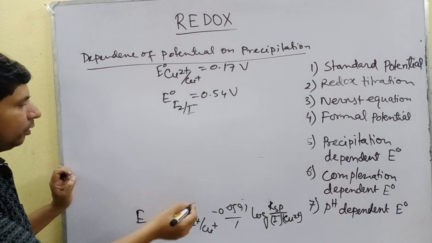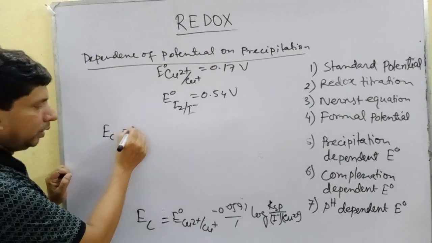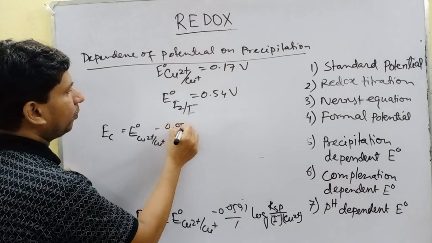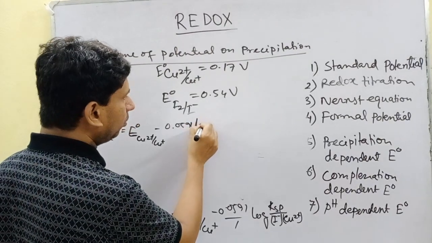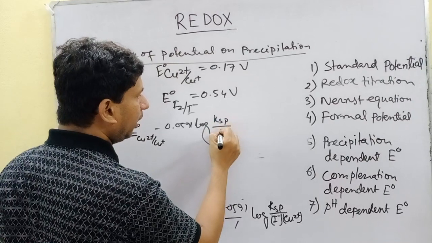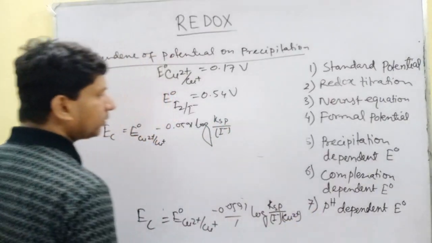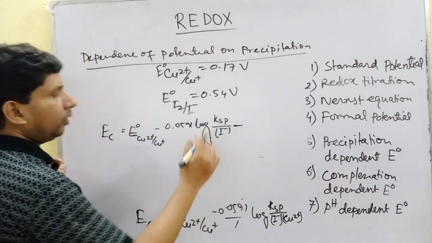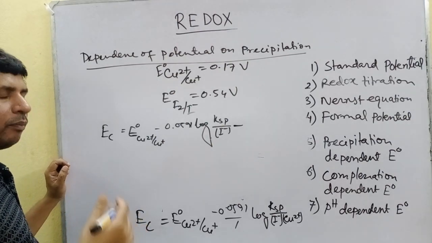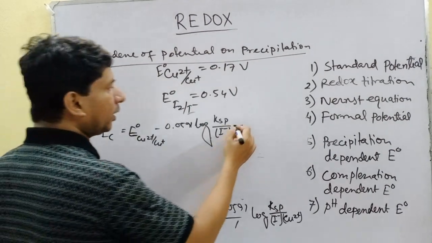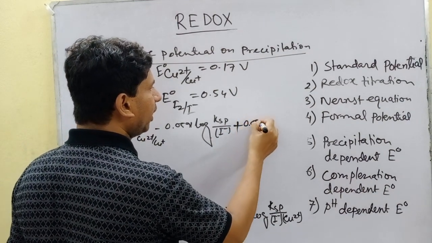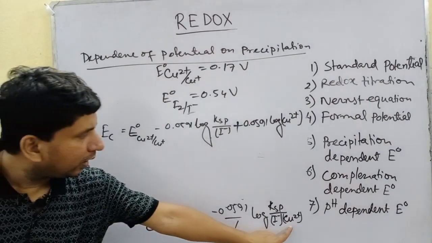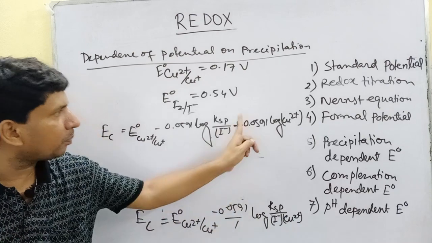Then we can write it this way: E equals E0 Cu2+/Cu+ minus 0.0591 log KSP by iodide, minus of log A by B, log A by B means log A minus log B, then we can write plus 0.0591 log copper 2 plus. We write it as minus log of Cu2+ becoming plus, clear.